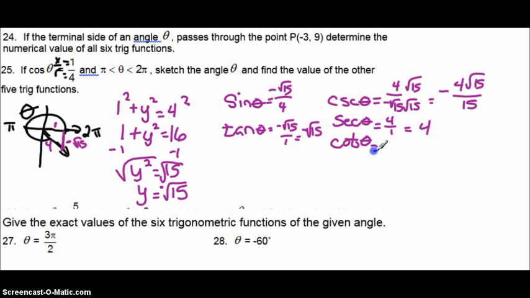And cotangent is the reciprocal of tangent, so we get 1 over negative square root of 15. And we get negative square root of 15 over 15. All right.